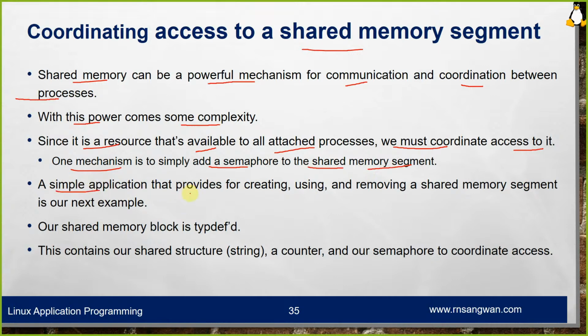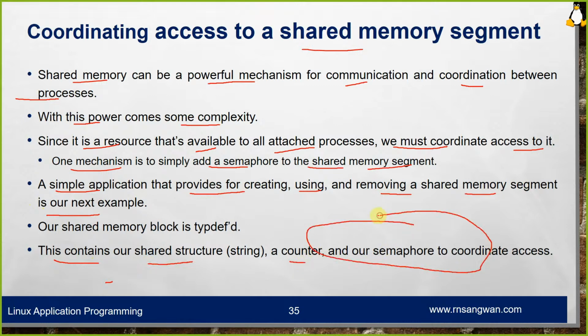A simple application that provides creating, using, and removing a shared memory segment is our next example. Our shared memory block is a typedef. This contains our shared memory structure, a counter, and our semaphore to coordinate the access.